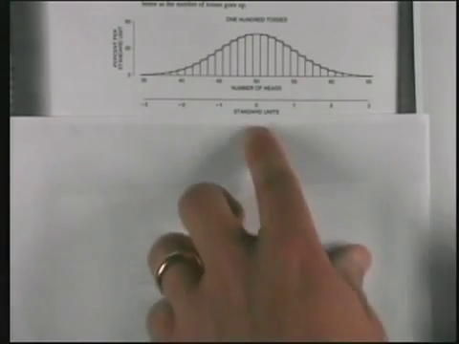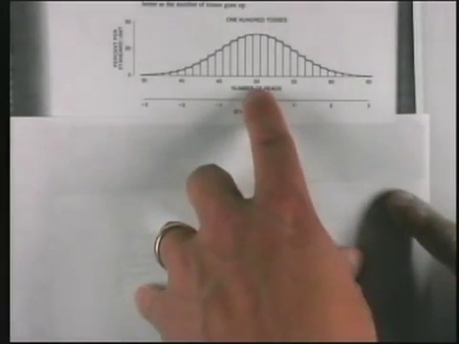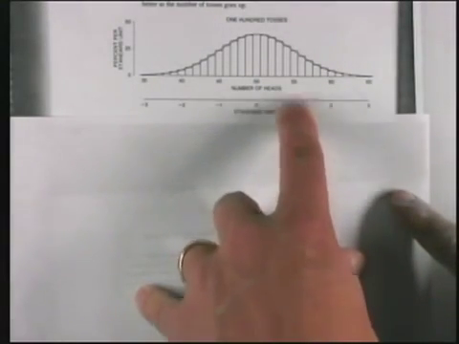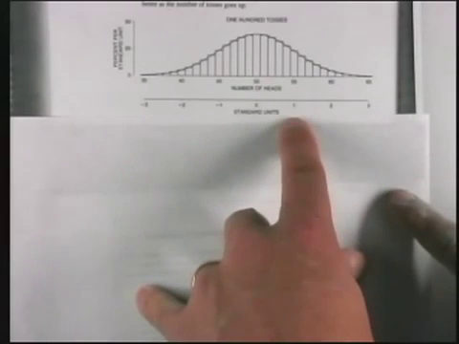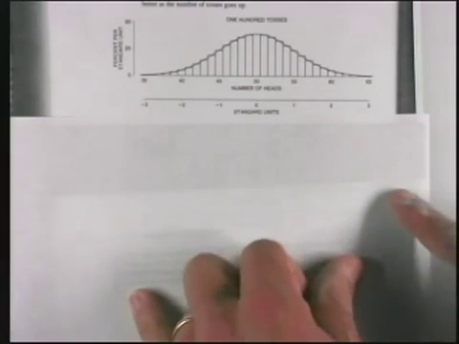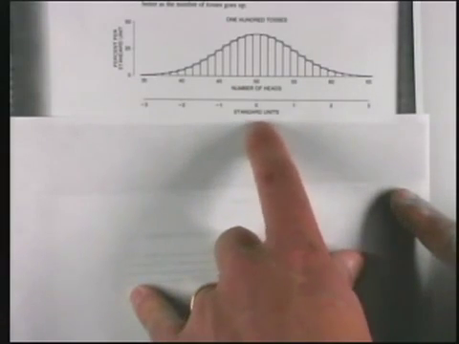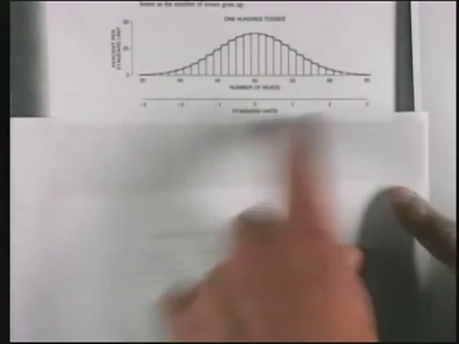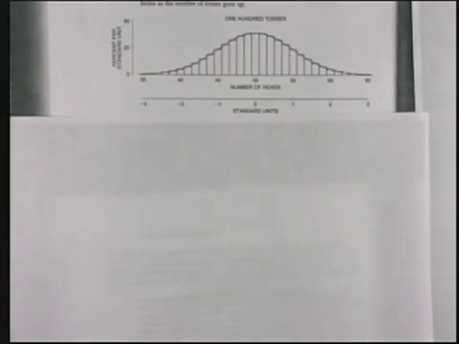So you can look at the standard units axis and see that one standard error above the expected value is 55. If you want to think about that the other way, if we convert 55 into standard units, we take 55 minus 50 divided by the standard error of 5, which gives us 1. So you can see what's going on there in that picture. And the bars themselves, the flat-topped rectangular bars, represent the truth.